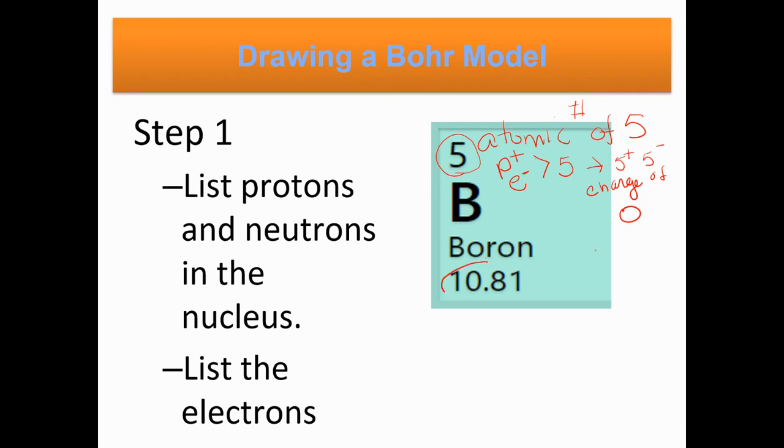Let's go to this number. This is known as our atomic mass. Atomic mass is the sum of the protons and the neutrons. So again, to review the charges, we know protons are positive, electrons are negative, and neutrons are neutral.